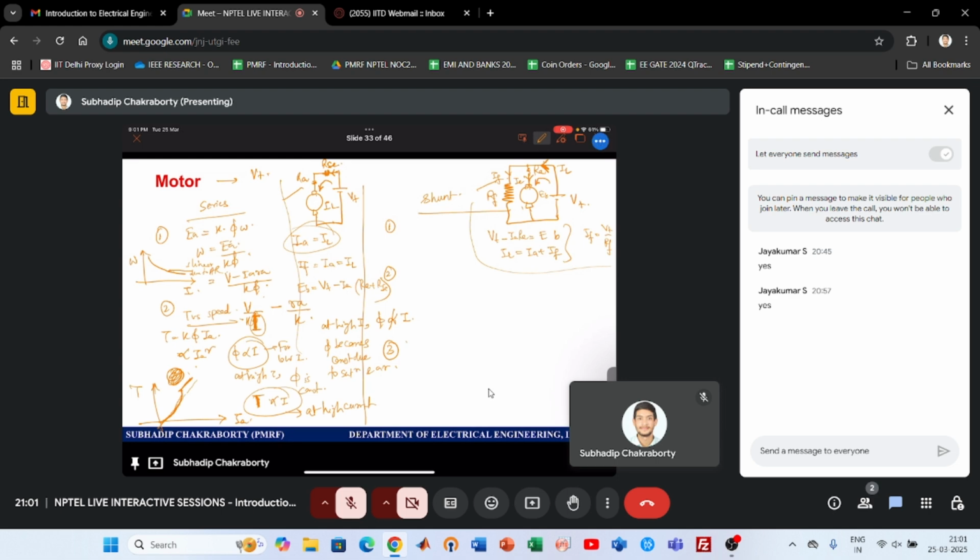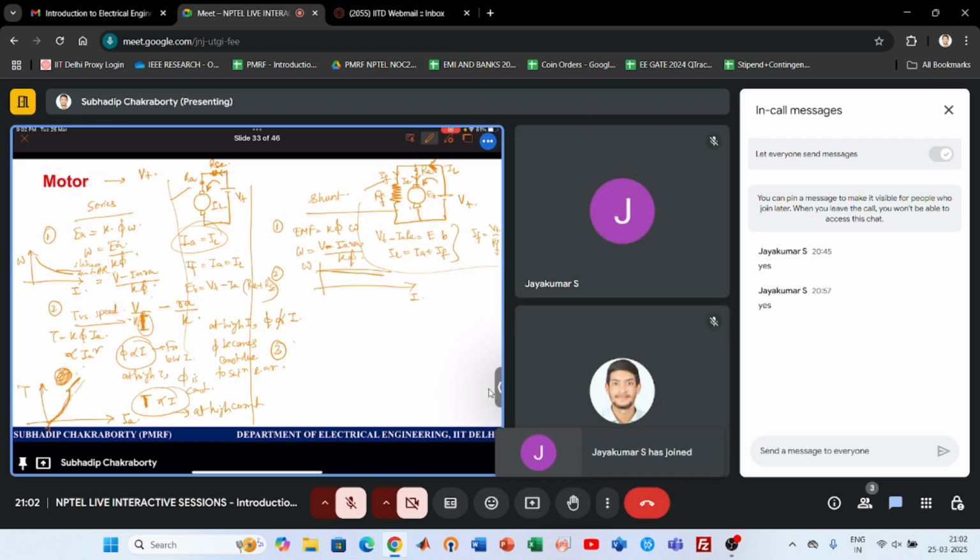Similarly for shunt, what is your EMF? K phi into omega. So omega is what? V minus IA RA by K phi. As you understand, it will be reducing as the IA is increasing.